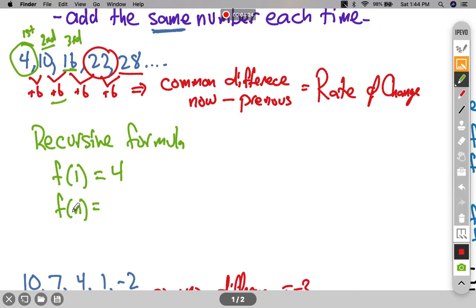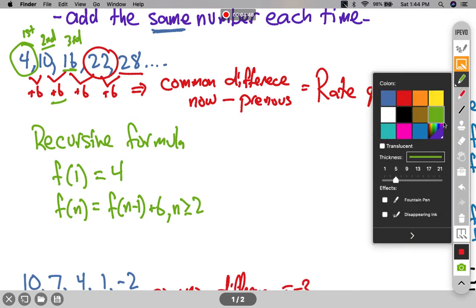So I say to find any number, I take the number that comes right before it, and I add 6. Now this only works if I'm looking for the second number or greater, because for the first number I can't add the number that came before because there's no number that came before it.